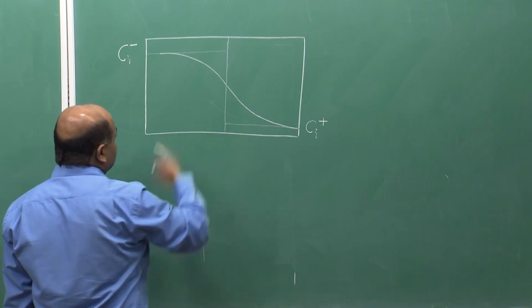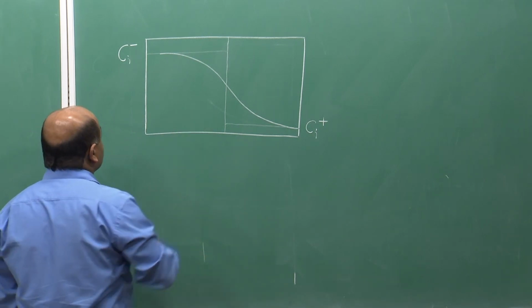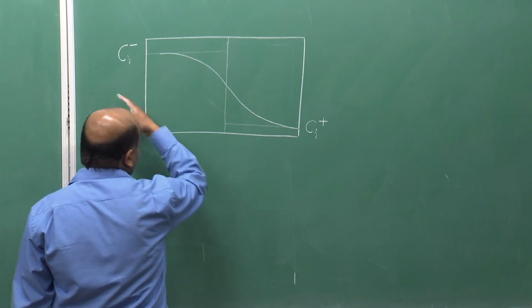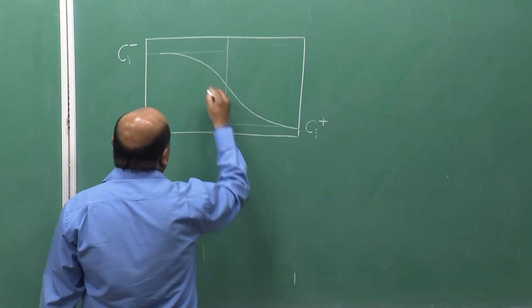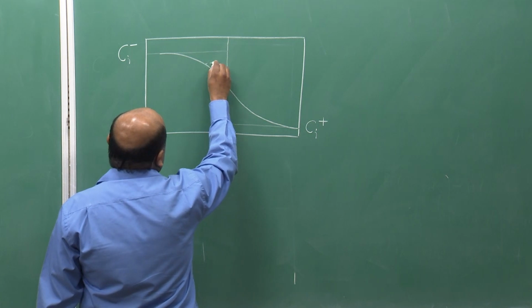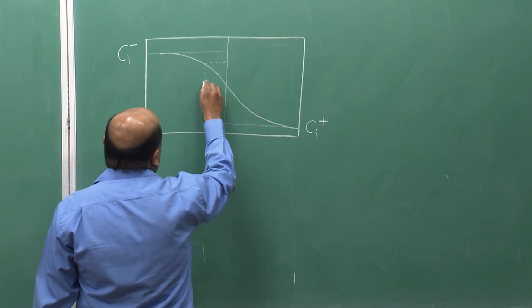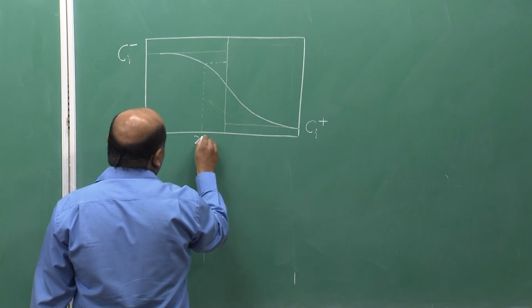So, again consider this concentration profile, Ci minus concentration in left terminal alloy, Ci plus concentration in the right terminal alloy, and suppose we want to determine flux at point x.